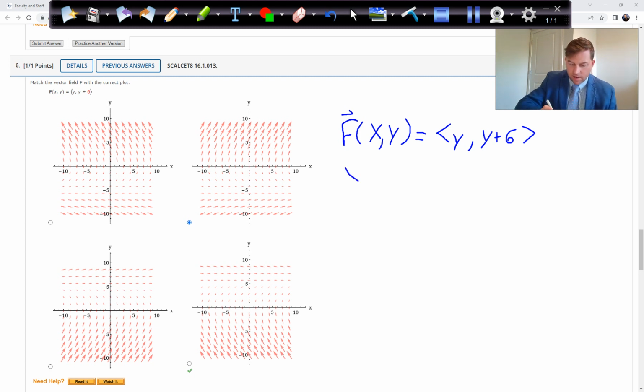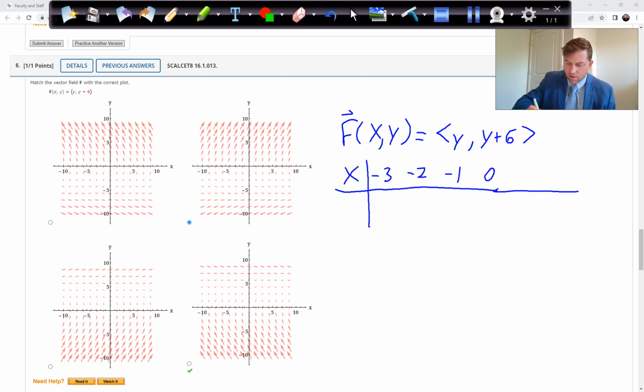So I picked x values, but it's not going to matter what I pick. So I just went with -3, -2, -1, 0, 1, 2, and 3. And then y, I also picked -3, -2, -1, 0, 1, 2, and 3.